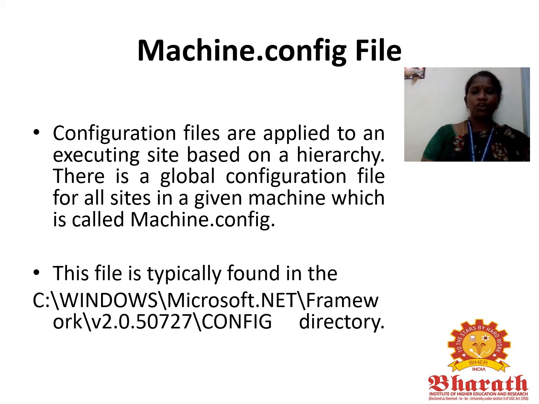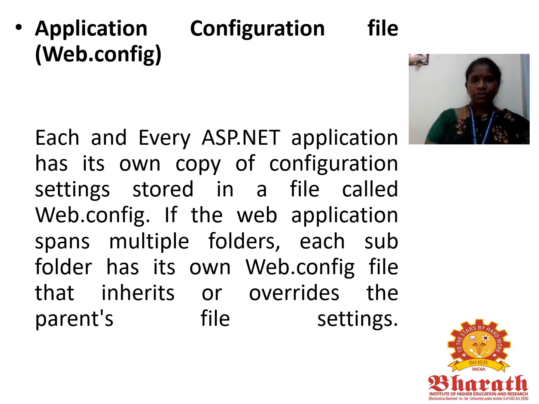There is a global configuration file for all sites on a given machine, which is called machine.config. This is the simple syntax path of the config file. This file is typically found in the C drive, Windows, Microsoft.NET Framework, and some path configuration directories.